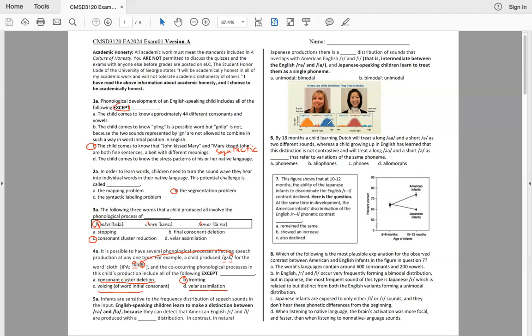So we see a bimodal distribution. In contrast, for the Japanese L and R sound, there was only a unimodal distribution. So the answer is B.